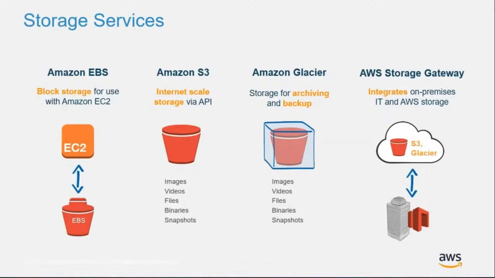Amazon Glacier is a long-term archiving, storage, and backup solution which can store images, videos, binary files, and snapshots. It is designed to be cold storage, for low retrieval times. Also, there is Amazon Storage Gateway, which allows you to integrate all the cloud-based storage options and your on-premises storage.